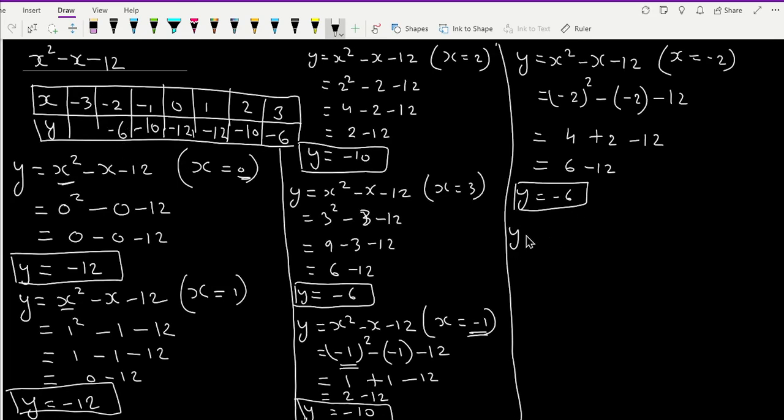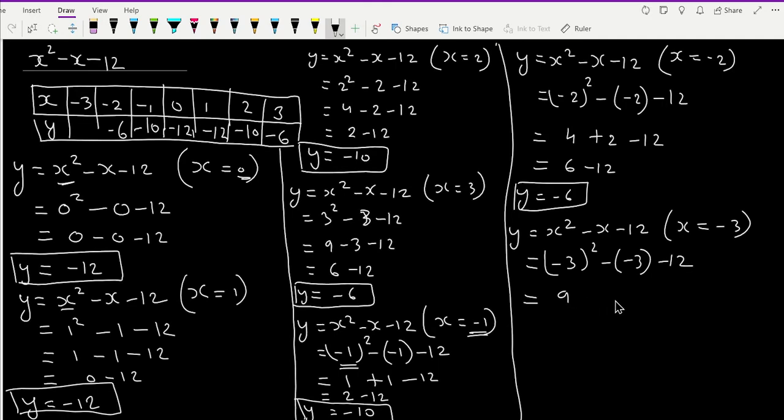Similarly, y is equal to x square minus x minus 12, x is equal to minus 3. So minus 3, keep it in bracket, minus (minus 3) minus 12. So (minus 3) square is nothing but 9. Minus into minus, plus. So I will get 12 minus 12.